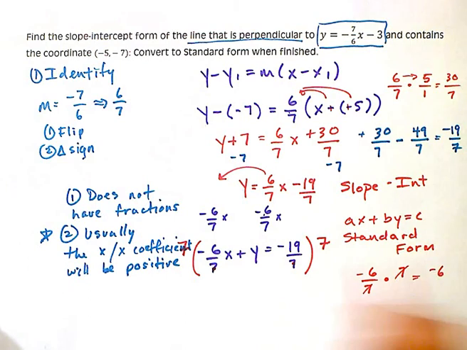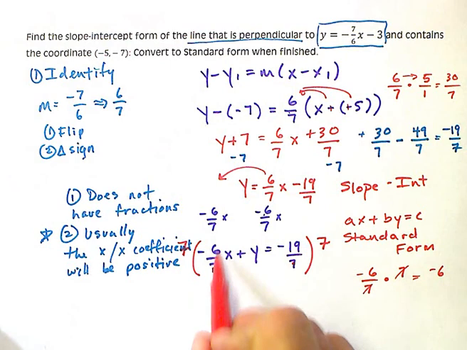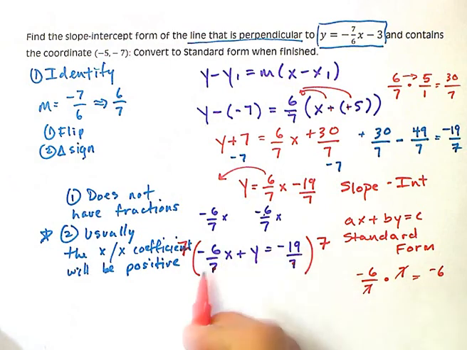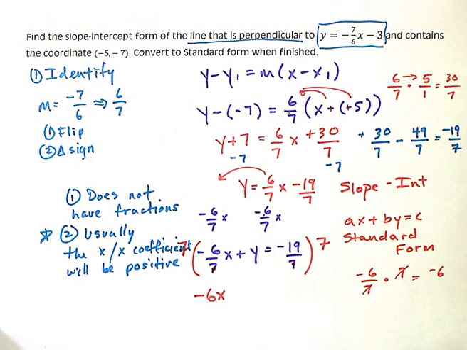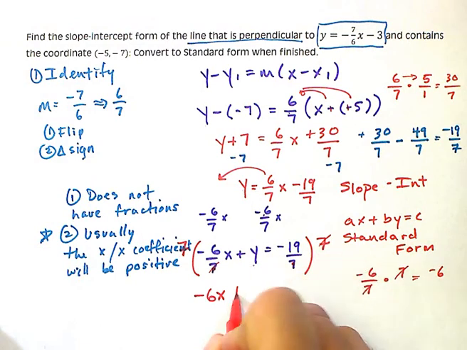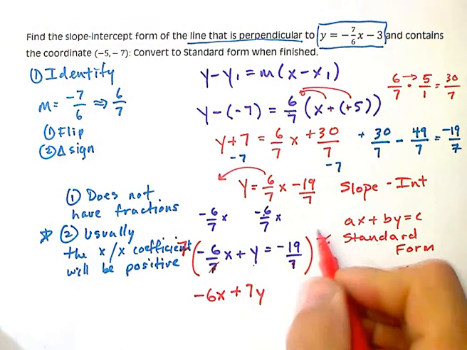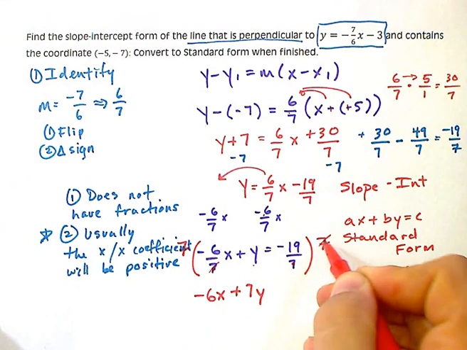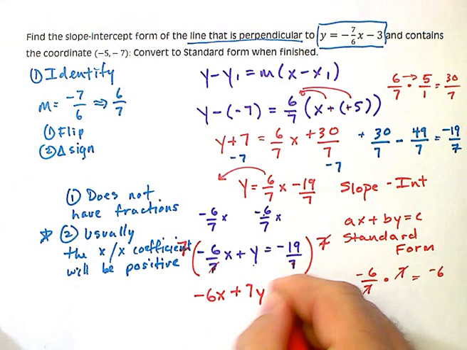That's why I'm multiplying by the 7 here. So if I do negative 6 over 7x times 7, it's just going to become negative 6x. These two terms here cancel each other out. Now, I don't have anything under the y, so this will multiply plus 7y. And then again, these two multiplying by 7 will cancel out. This 7 equals negative 19.